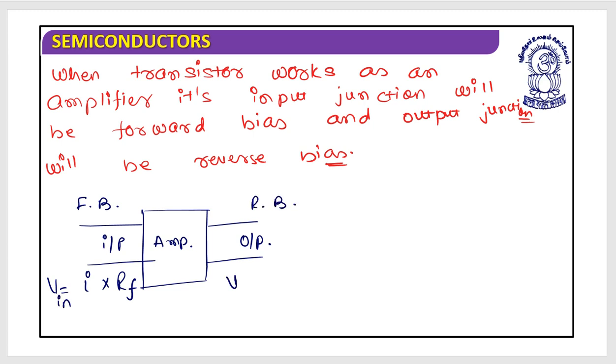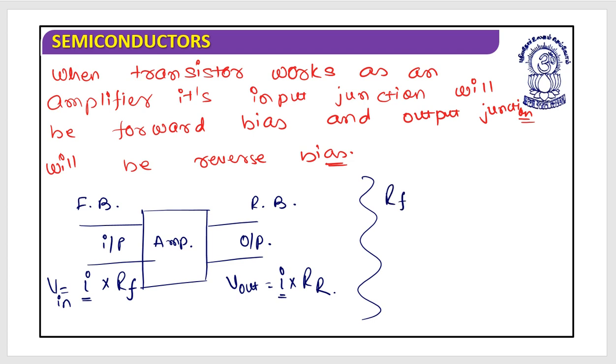This is Vin. This is Vout, which equals I multiplied by RR. Why have I written I? Because IE is approximately equal to IC, and IE works as our input current, and IC works as the output collector current. So this I is approximately equal, almost 97 to 98 percent, it is almost equal.